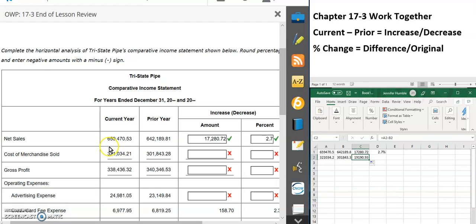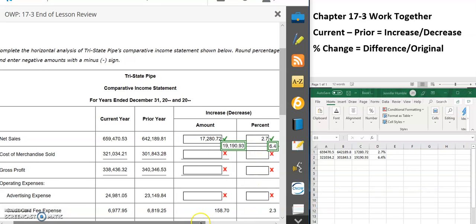It increased. Same thing for your percentage: your difference divided by the prior year, or the original. Our answers should be 190.93 and 6.4. Then we just keep on going.